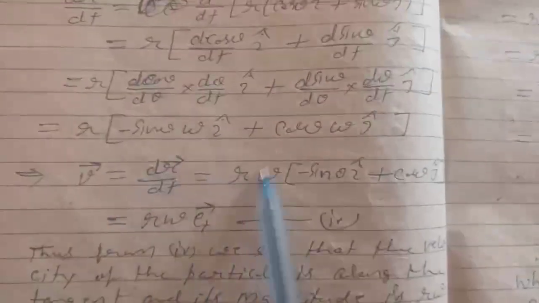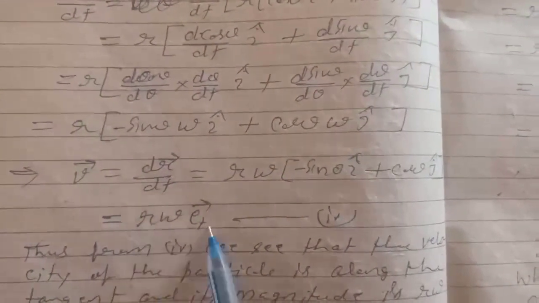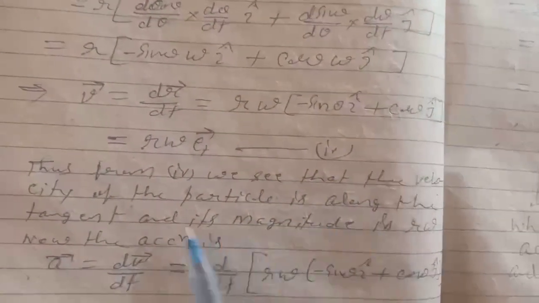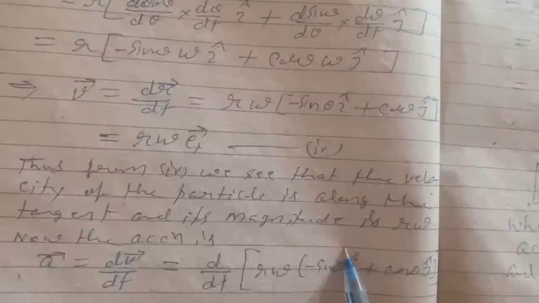So we can write v vector equal to r omega into et cap, where et cap is the tangential unit vector, equation 4. Thus from 4 we see that the velocity of the particle is along the tangent and its magnitude is r omega.